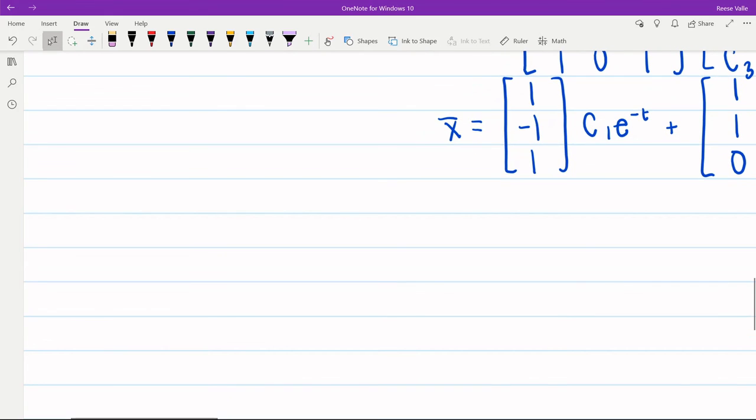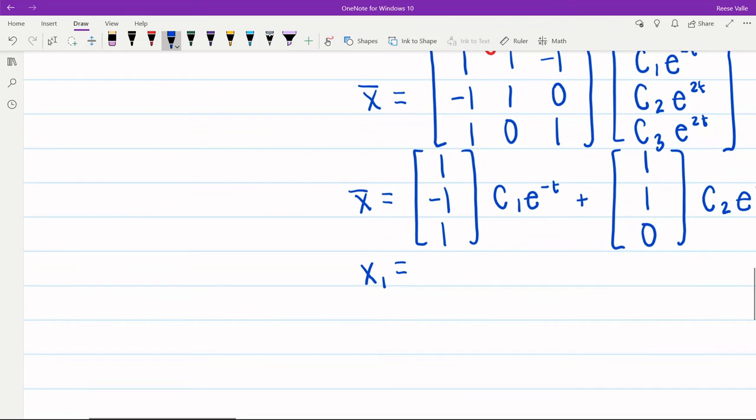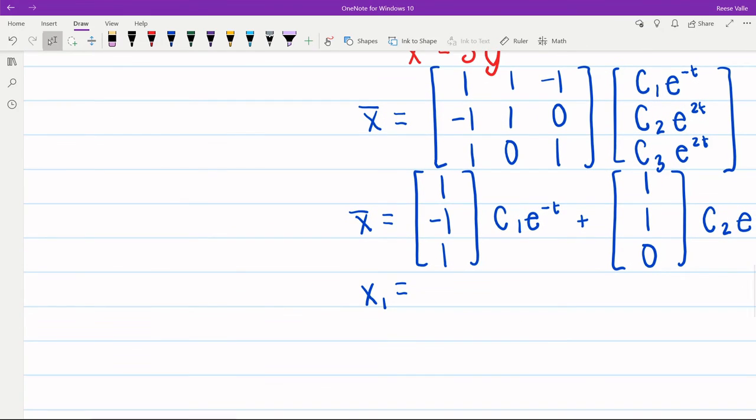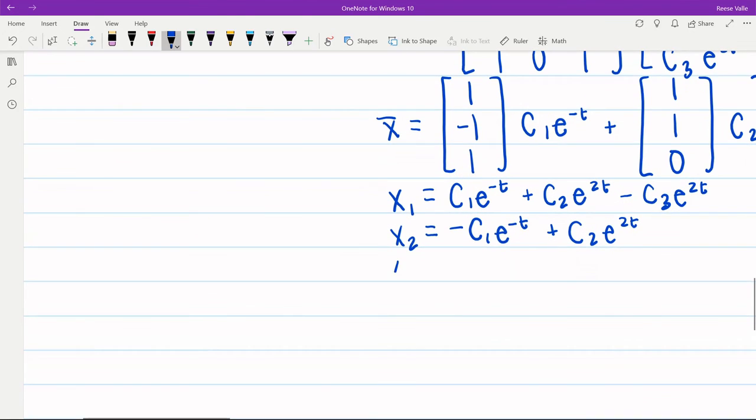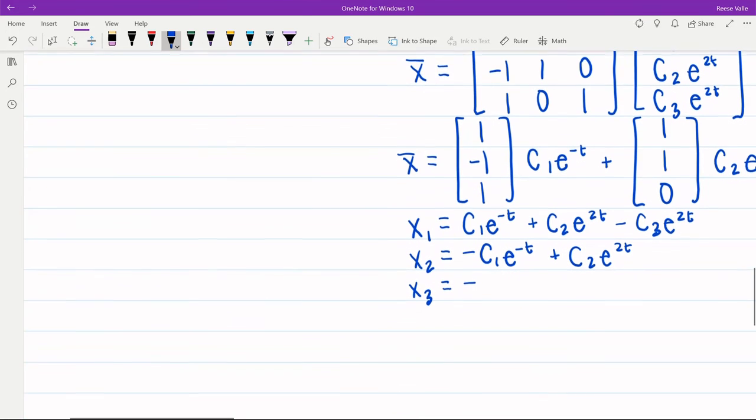Okay, finally, for explicit form, x1 is equal to c1 e to the -t plus c2 e to the 2t minus c3 e to the 2t. x2 is equal to negative c1 e to the negative t plus c2 e to the 2t. x3 is equal to, oh wait, no, oops, this one's not negative.